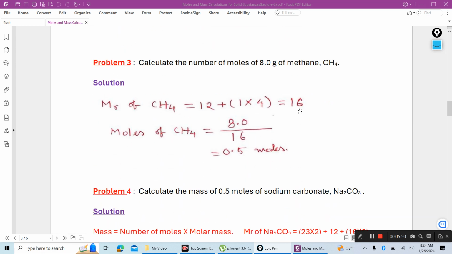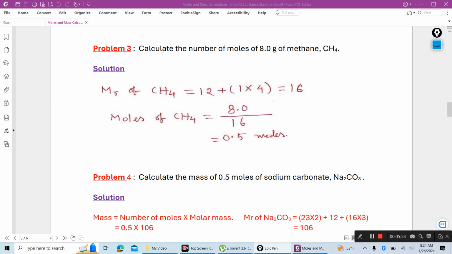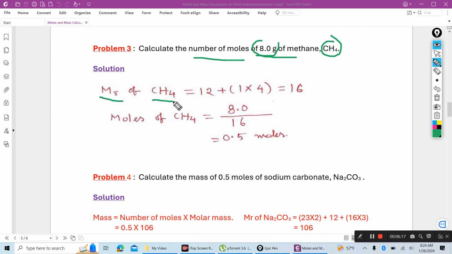Come to the next problem, problem 3. Calculate the number of moles of 8 gram of methane. CH4, its name is methane. Methane mass is given. So at first you calculate the relative molar mass of methane.